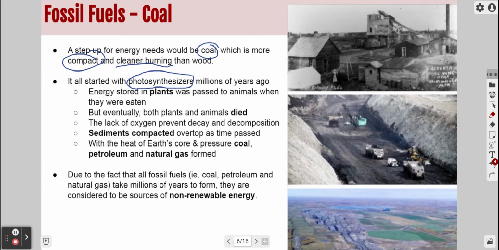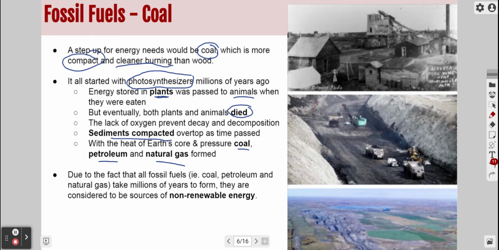All that energy that was stored in plants was passed to animals when they were eaten. Eventually, both the plants and animals would die, and because there's not a lot of oxygen, like in the oceans, the sediments would compact on top of them, and that heat and pressure over time is how we get coal, petroleum, and natural gas forming.